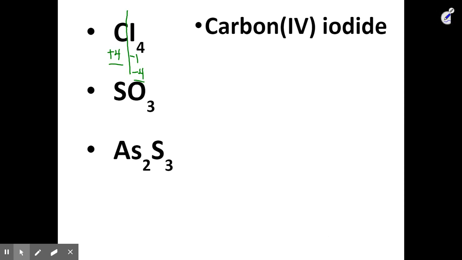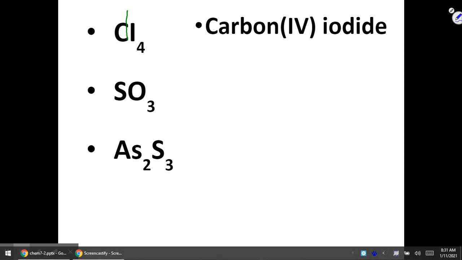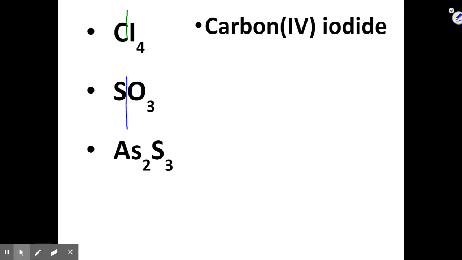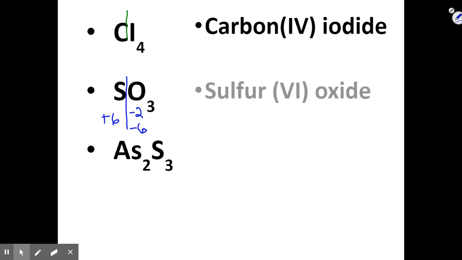If we look at the next one, SO3, our rules say that oxygen is going to be -2. We have 3, so that gives me -6 for my total there. So sulfur has to be +6. So my name for this would be sulfur(VI) oxide.